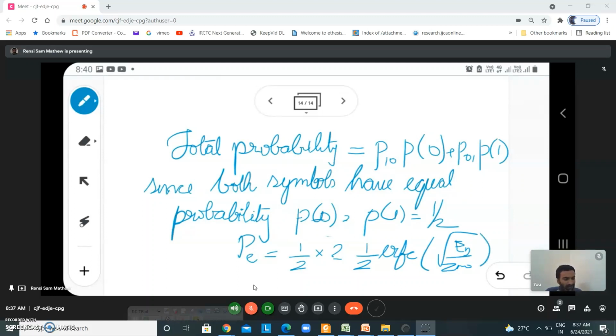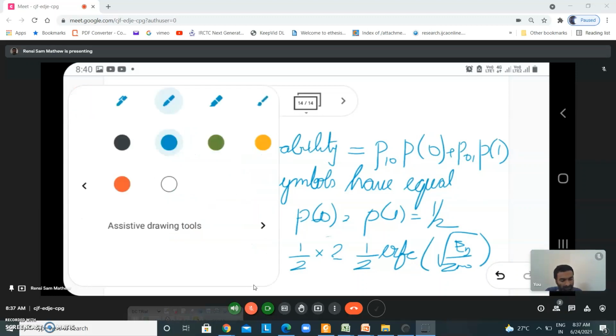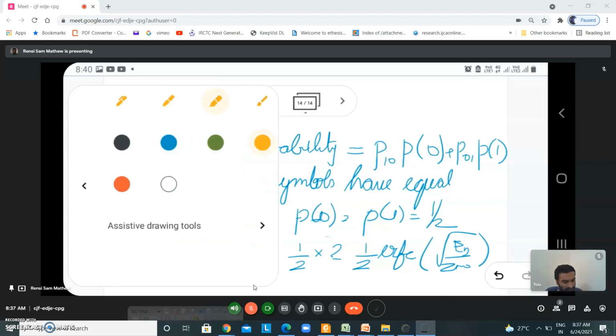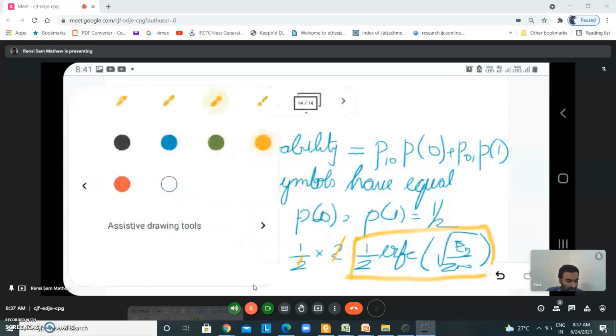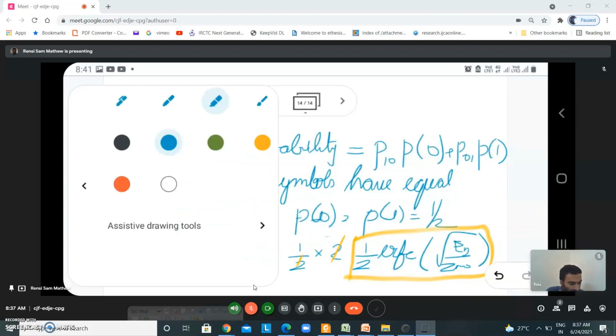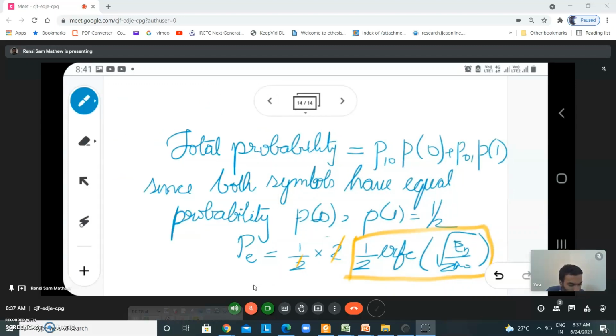So again, that is equal to 1 by 2 ERFC of, this is my final answer. This and this are going to get cancelled. So the probability of error is 1 by 2 into ERFC of square root of Eb by 2N0.